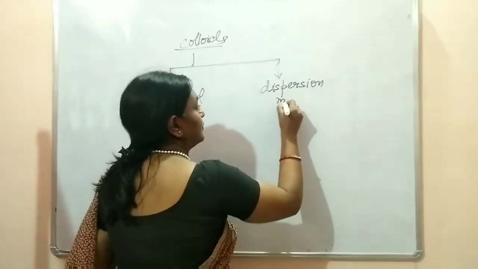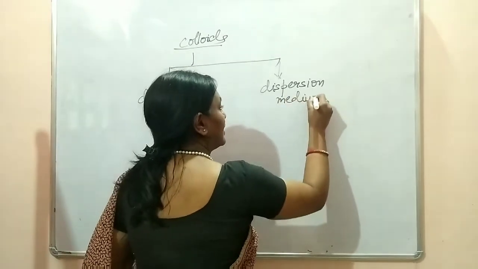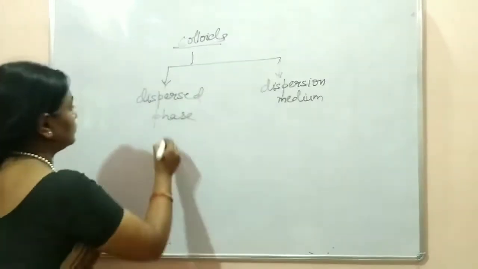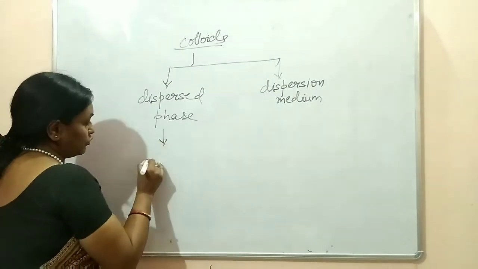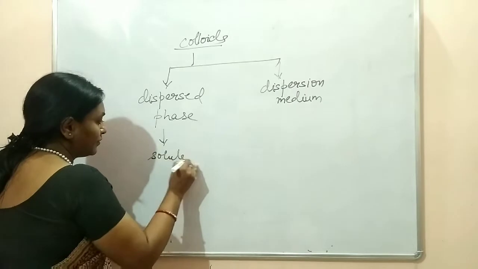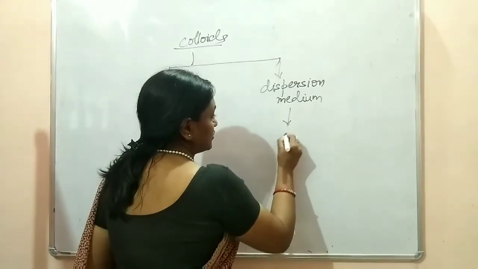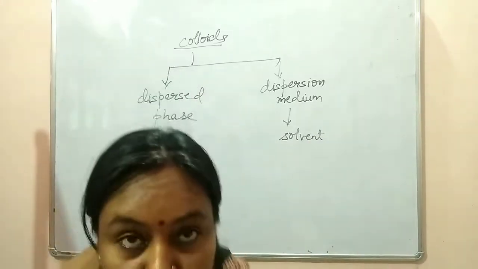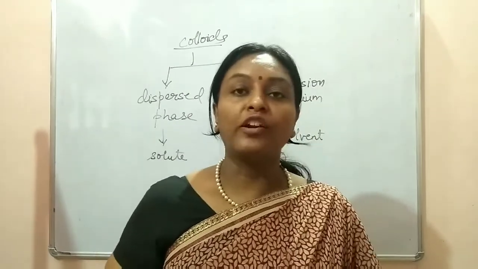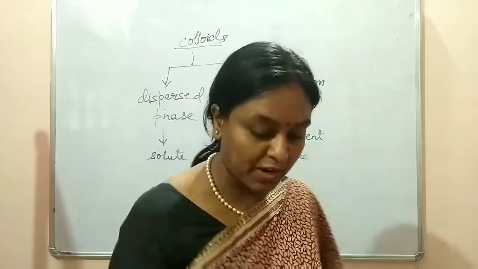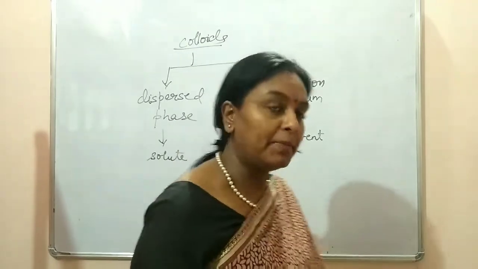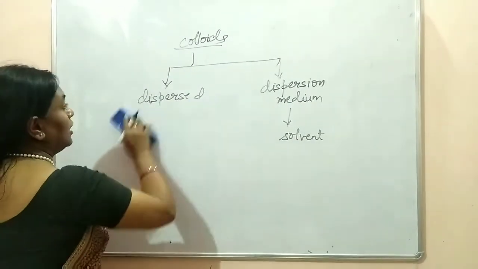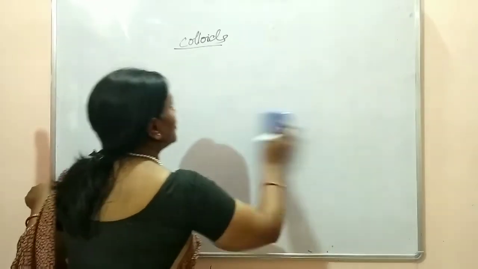They are similar to solute and solvent. So a colloidal solution has two parts, the dispersed phase and the dispersion medium. Now I will talk about electrophoresis.